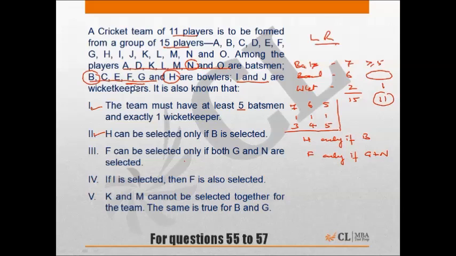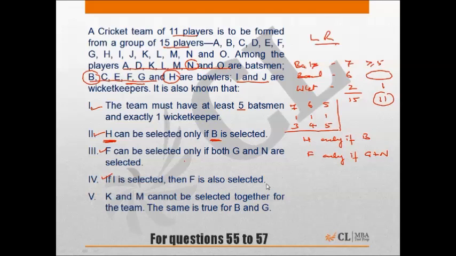If F is there, then G would definitely be a part of the team. But if G is there, F may or may not be a part of the team. Similarly, in statement 2, if B is there, H may or may not be there. But if H is a part of the team, then B would definitely be a part of the team.